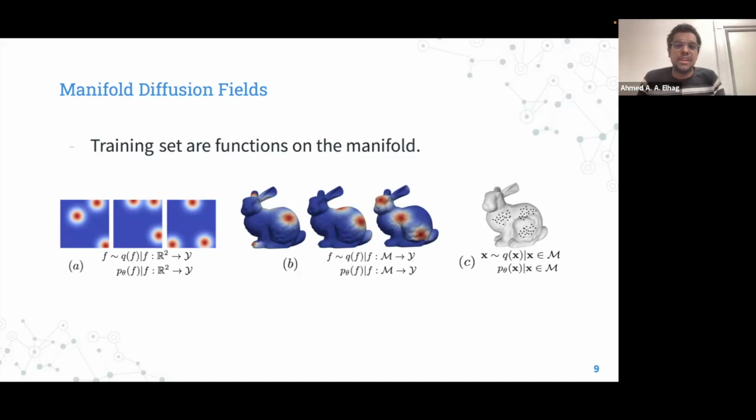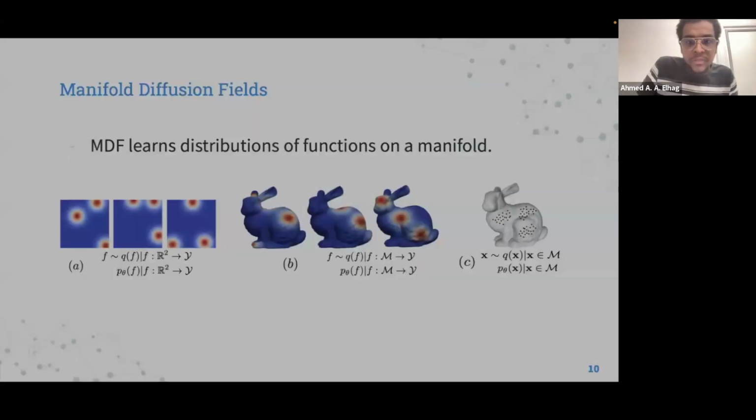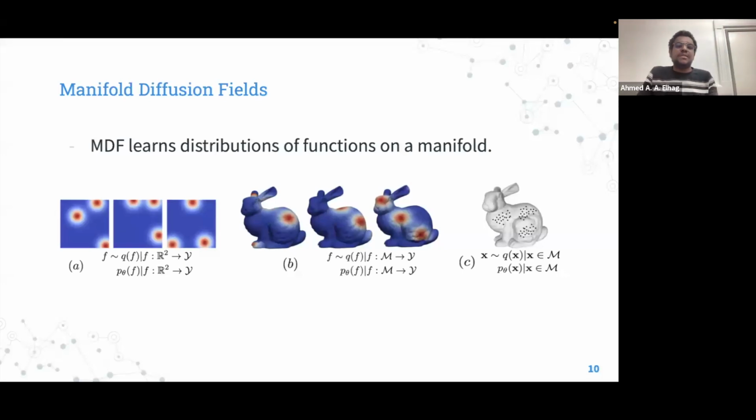So for every point, you define a signal in R, and this is our training data, our training samples. Every sample is a function going from M to Y, from the points of the manifold to a signal space Y. Compare this to images, or the 2D plane, where you have a function going from R^2 to Y, from XY coordinates to Y. And yeah, this is the idea.